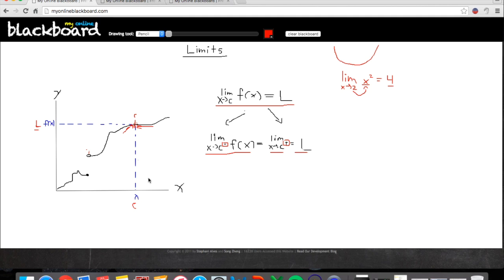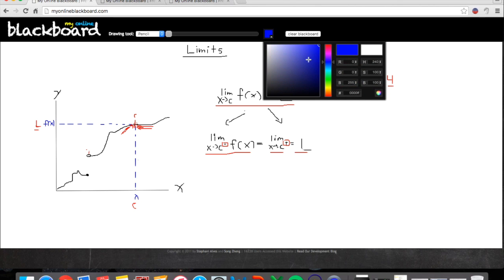So the limit of x approaching C from the left has to equal the limit of x approaching C from the right.